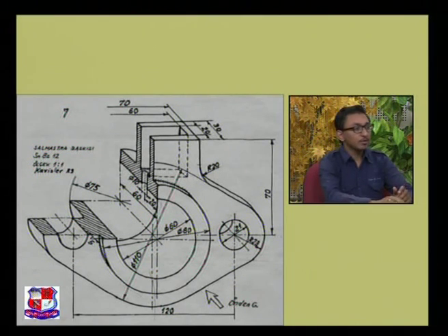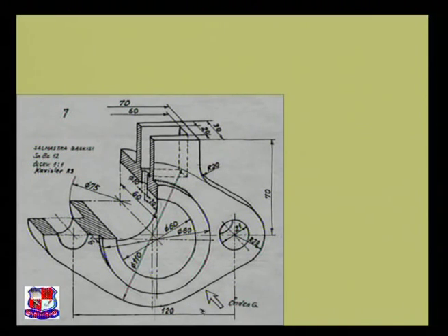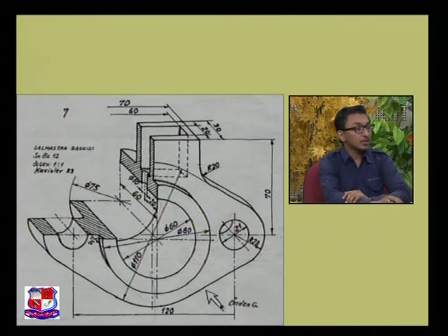Now if you look, all the specifications have been given as per the drawing. You can see that an arrow has been given which shows that we need to look at the object from this side only. All other things specify its length, width and its various diameters.